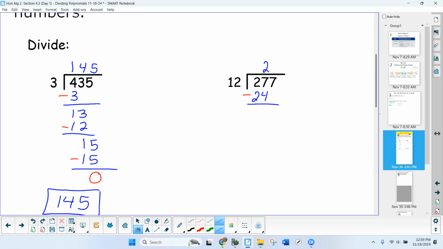What's 27 minus 24? 3. Bring down the 7. Okay. How many times does 12 go into 37? 3. What's 3 times 12? 36. Now subtract, and what do you get?